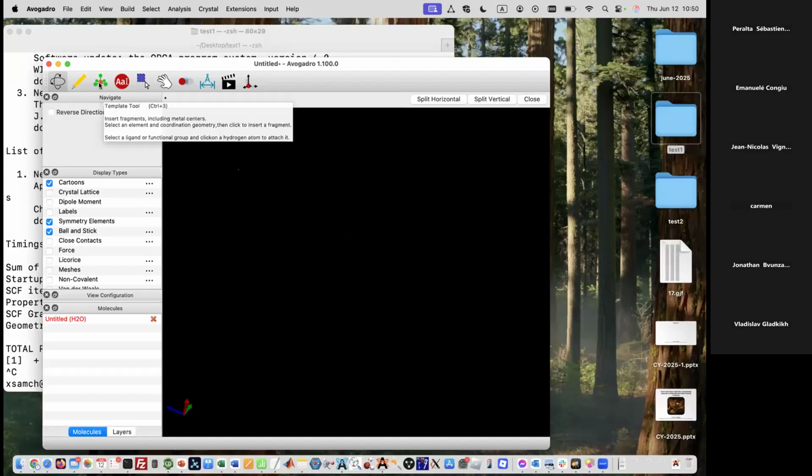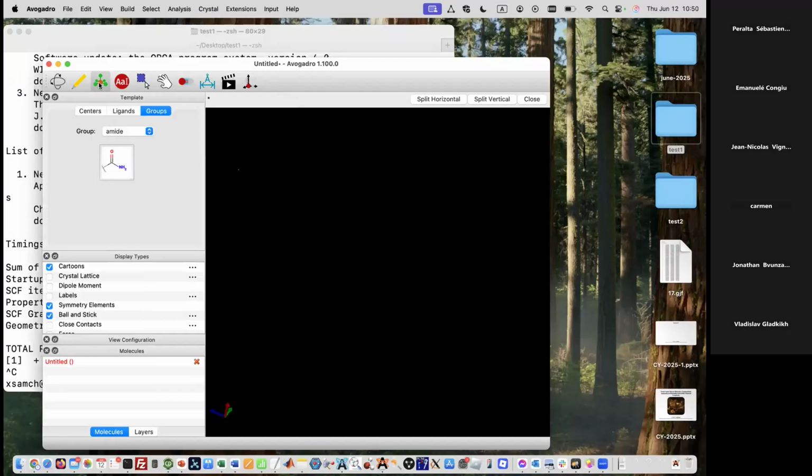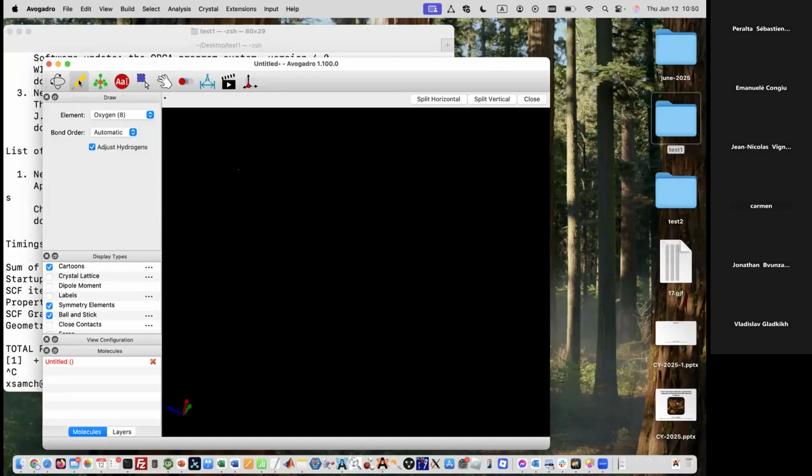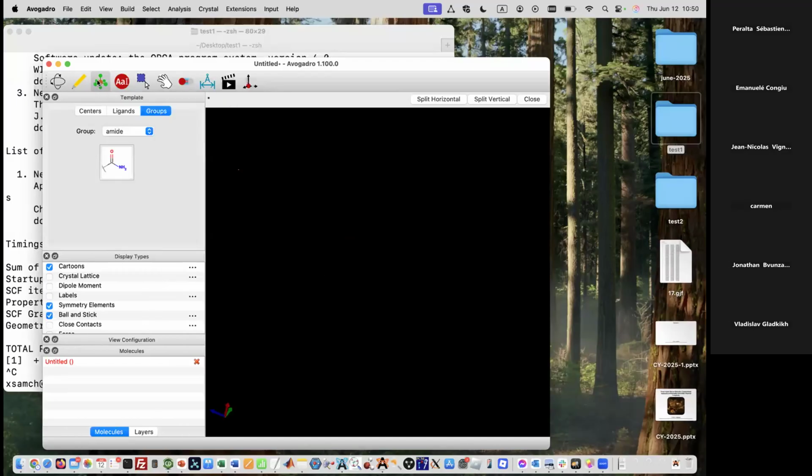So this is the template tool here, and this is the drawing tool here, and the template tool has different functional groups and different centers with specific geometry you can select. So you can play around.